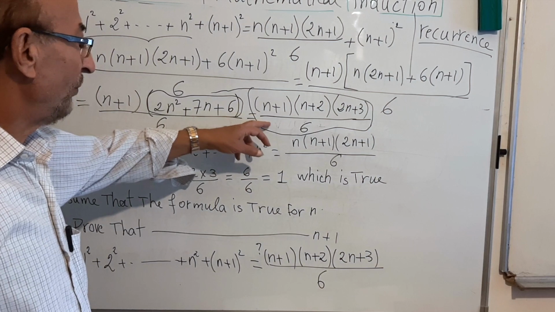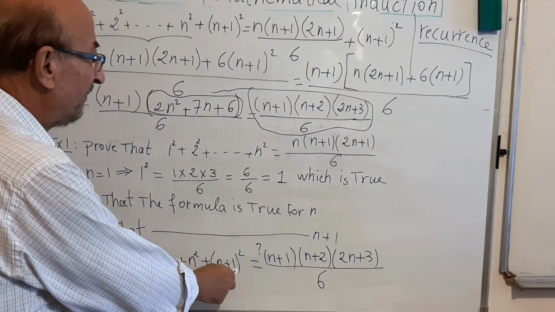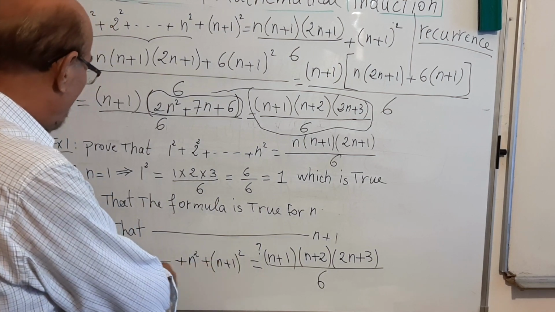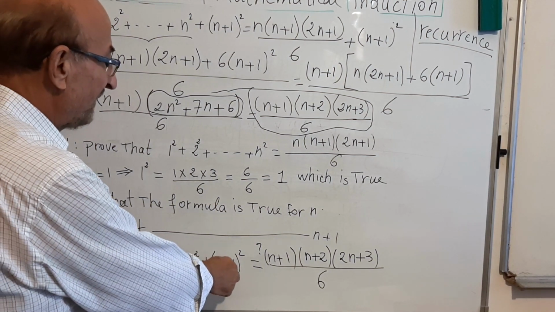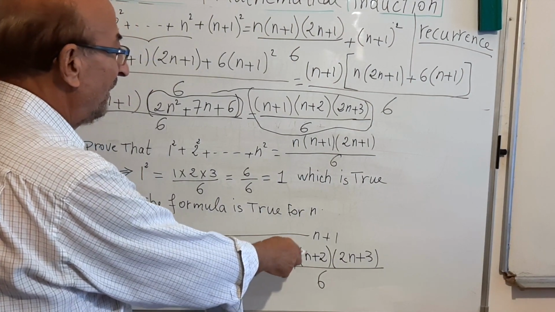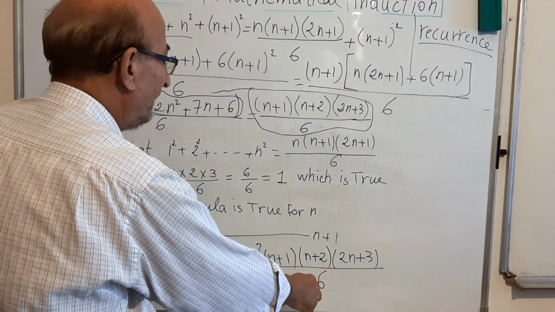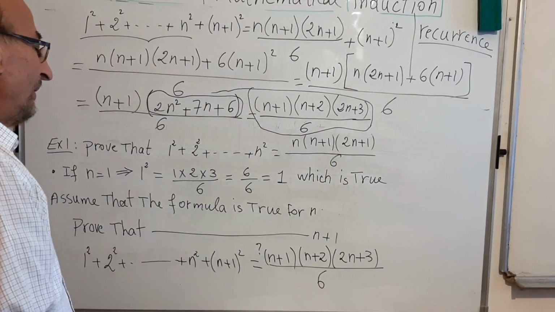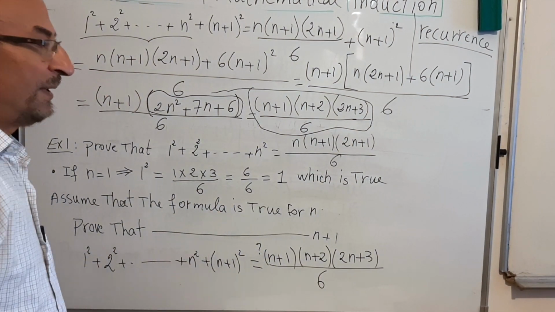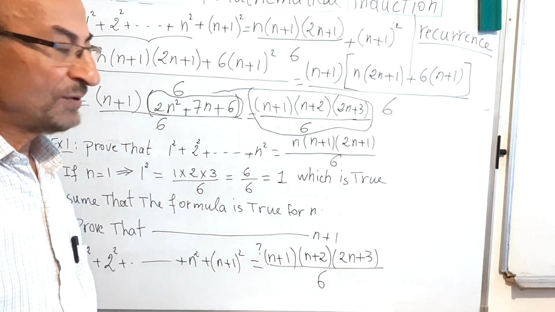So the formula is true for the order n plus 1: 1 square plus etc. plus n plus 1 square equal n plus 1, n plus 2, 2n plus 3 over 6. Then the formula is true for every n belongs to N.